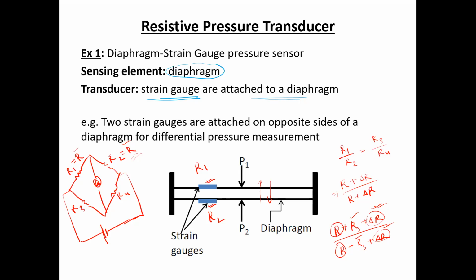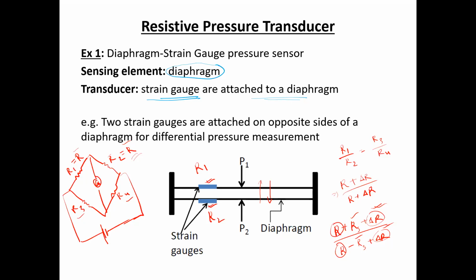So in this way, if two identical strain gauges are used in two of the arms, to some extent the temperature compensation can be achieved. Here it also has to be considered that the other two arms' resistances also have to be made of similar material, so that the change in temperature is identical for those two as well.